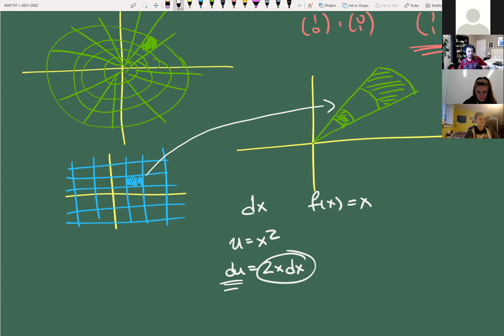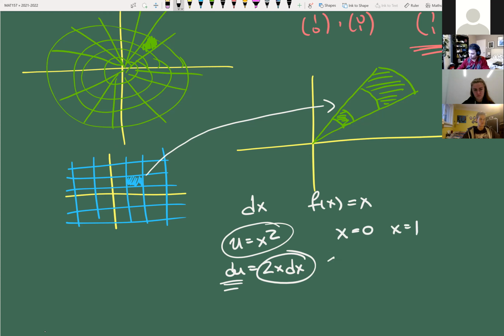Yeah, exactly. They don't have to, but look at this. If I say u is equal to x squared, then what I'm effectively saying is, what's the difference between the number 0 and 1 under this map? If x equals 0 and x equals 1, how much does u change?